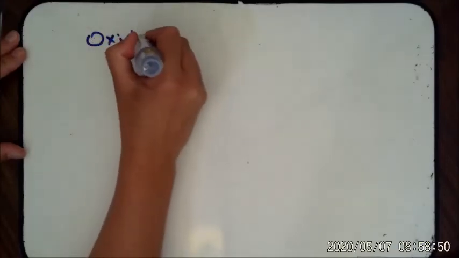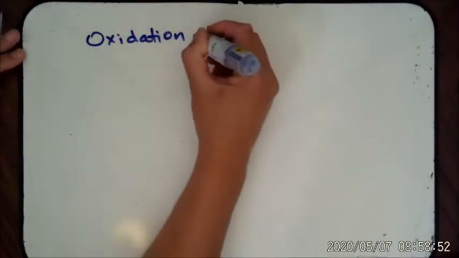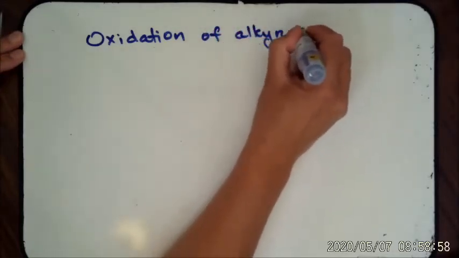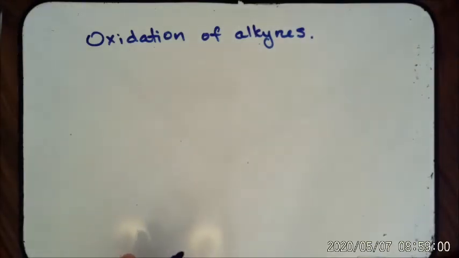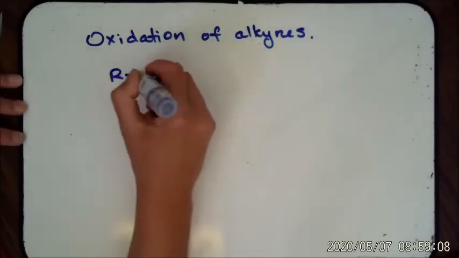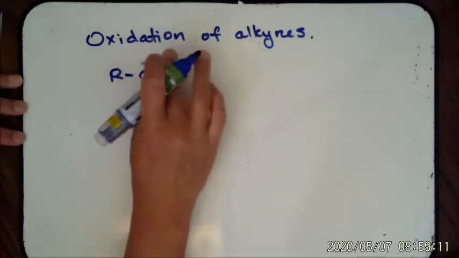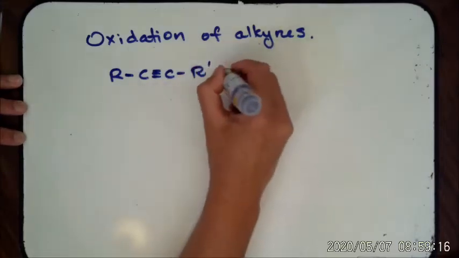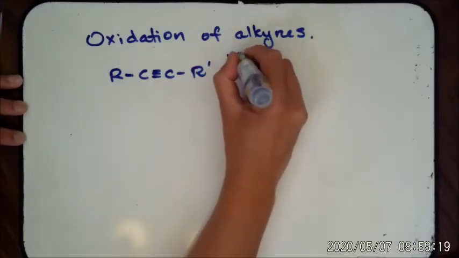Okay, so we have oxidation of alkynes. What you can do is use potassium permanganate.